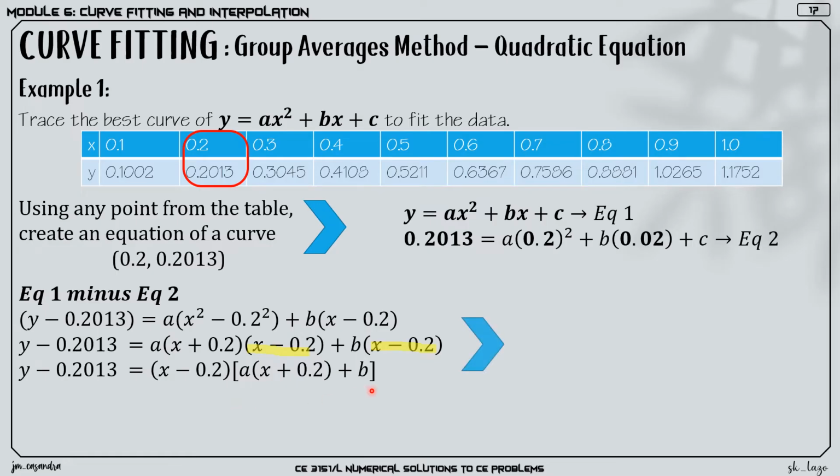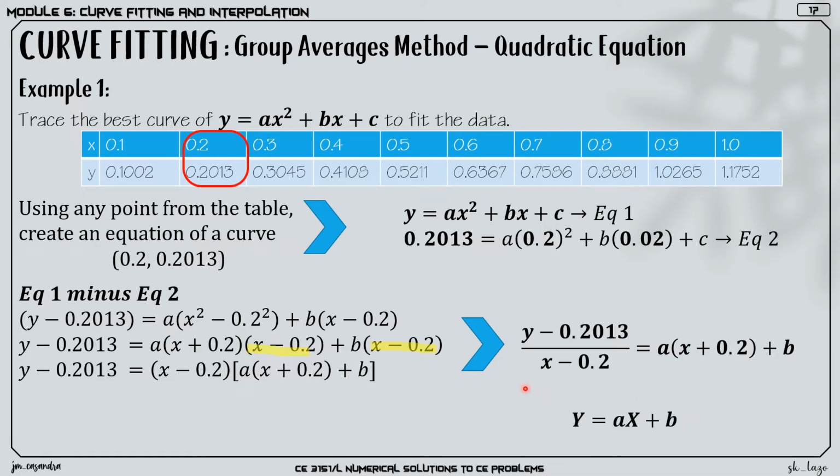Simplifying further, y minus 0.2013 all over x minus 0.2 is equal to a times x plus 0.2 plus b. If we observe the format of this equation, this is now similar to the equation of a line, which is y equals ax plus b. Take note that this term represents y in our linear equation, and x plus 0.2 represents x in the equation of the line.